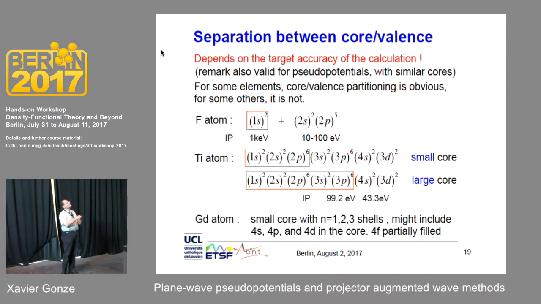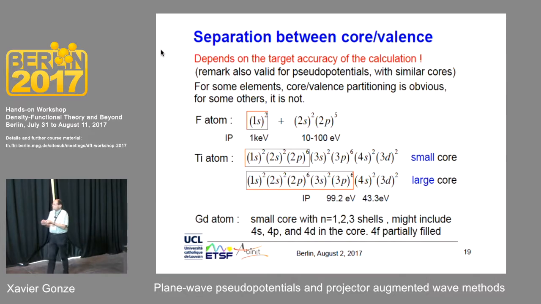For example, if we take the fluorine atom with this configuration, 1s2, 2s2, 2p5, this 1s state in energy is at 1 kilo electron volt down. The ionization potential is on the order of 1 kilo electron volt, while the 2s and 2p states have an ionization potential in the range 10 to 100 electron volt.